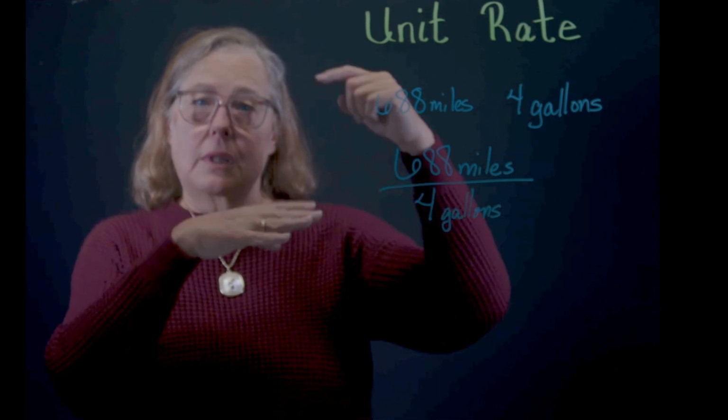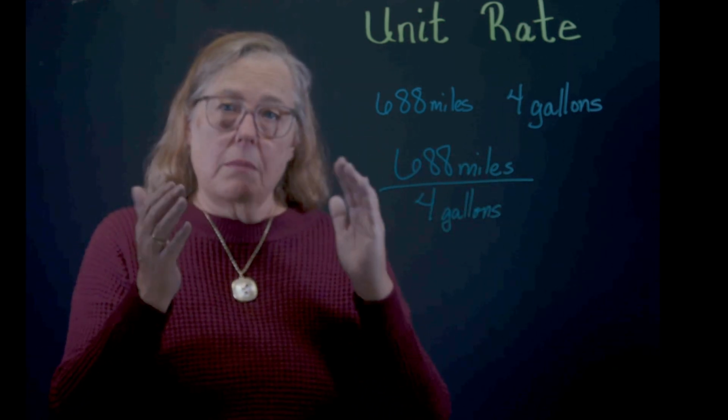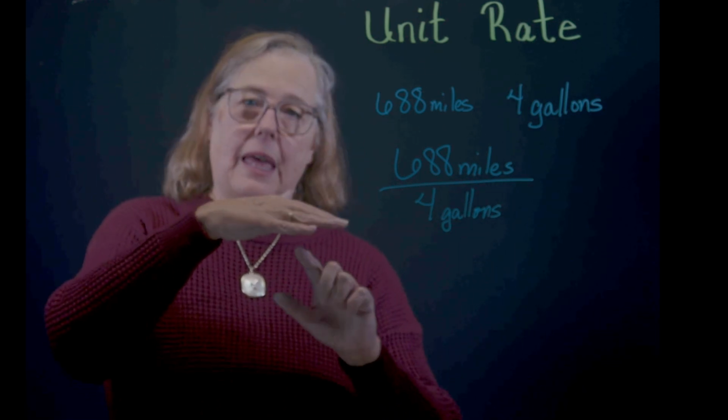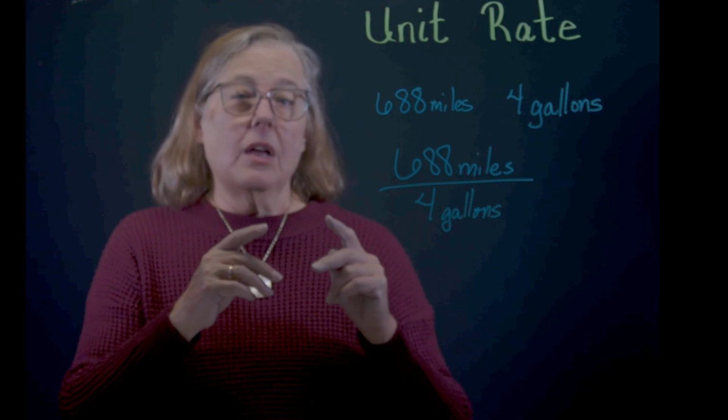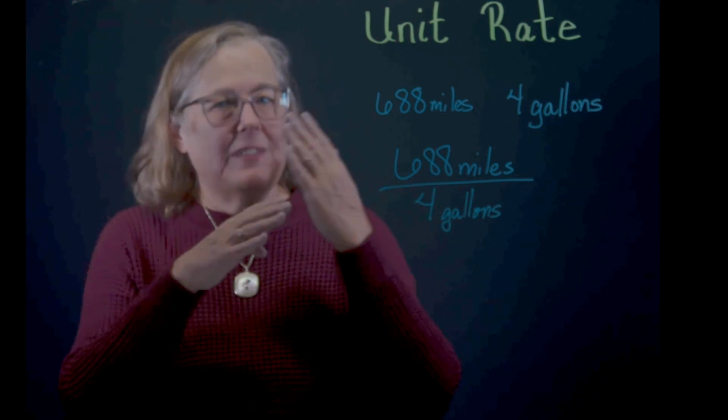So now the unit rate means I have a number on the top, a number on the bottom that is 1, and it lets us compare how many miles per gallon. Okay, so how are we going to do this? How are we going to get this comparison with the 1 on the bottom?